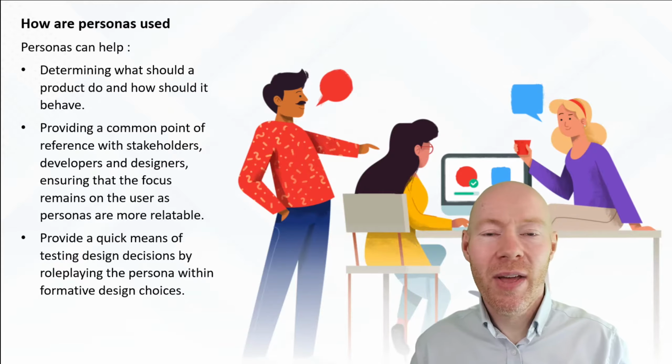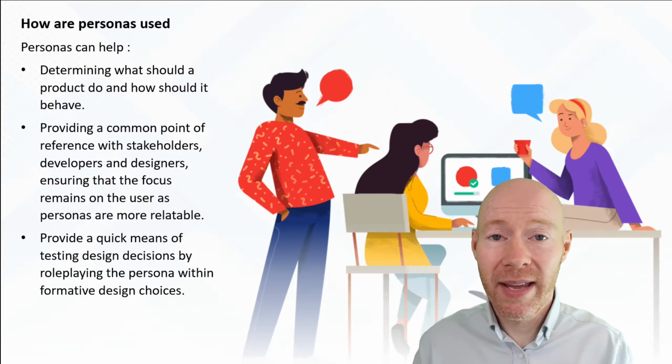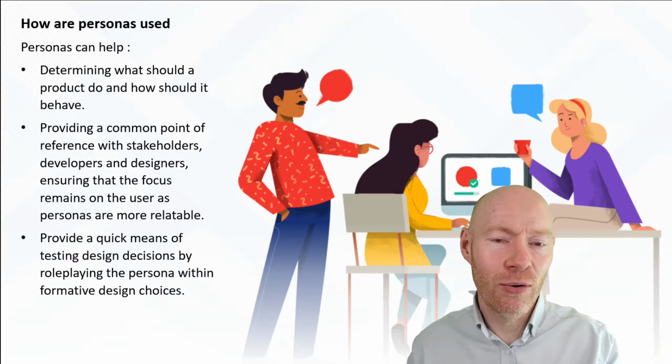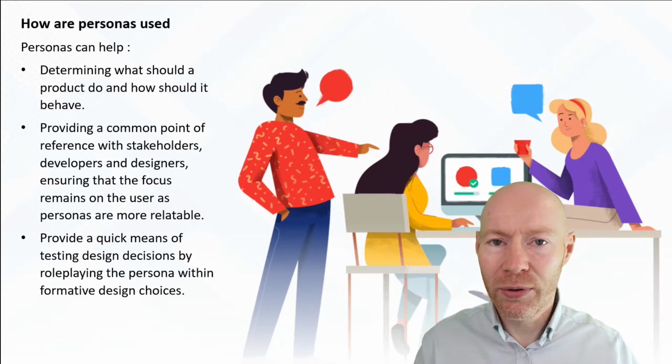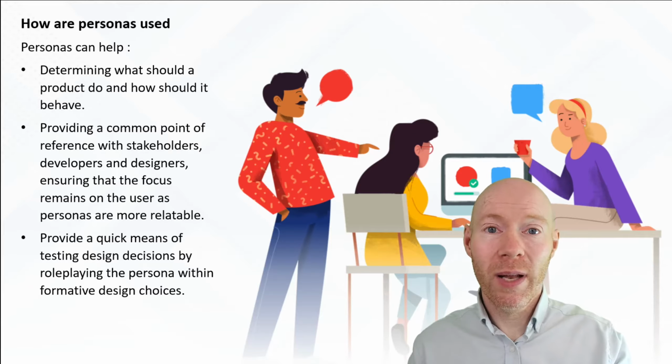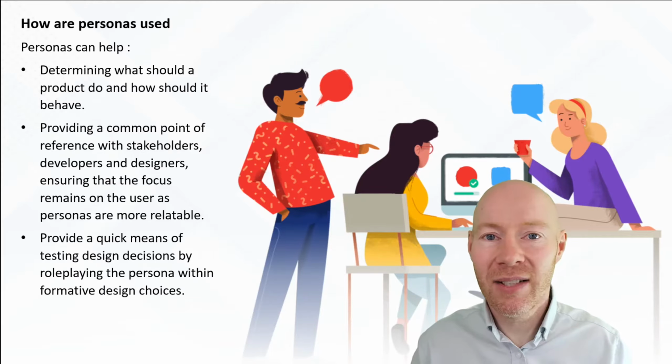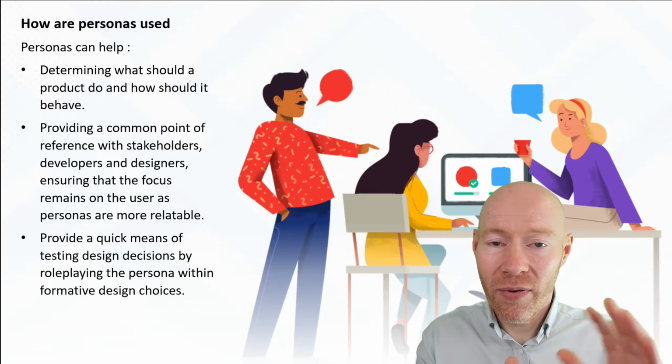It also gives us a chance to engage in role playing. Whenever we're thinking we should change the design to do this or have the flow altered in this way, we can role play how a particular persona might perceive or react inside that type of environment.